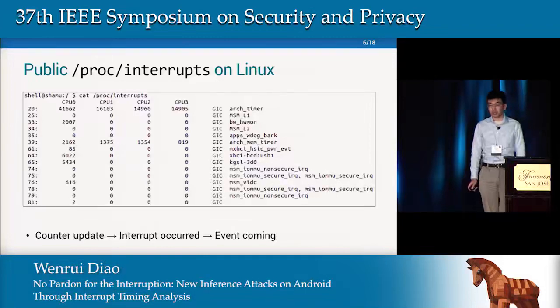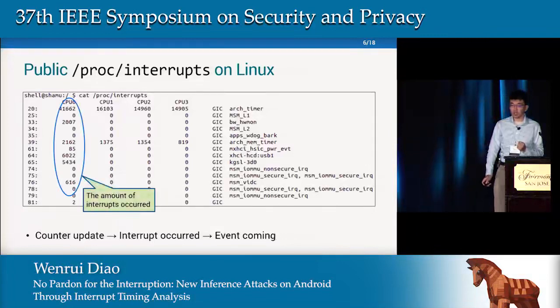This picture shows an example of a public interrupt statistical file captured from a Nexus 6. In the circled part, it shows how many interrupts have occurred since the starting of the system.